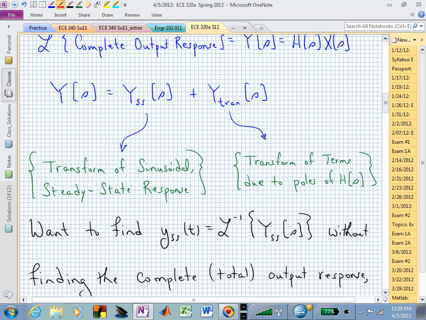And where are those poles going to be located? If those correspond to our sinusoidal steady state output response, do we know anything more about those? They're on the j omega axis. That's our signal that's exciting our system, and by the definition of that sinusoid, which is a cosine, it's going to have a pole at plus j omega naught and minus j omega naught.